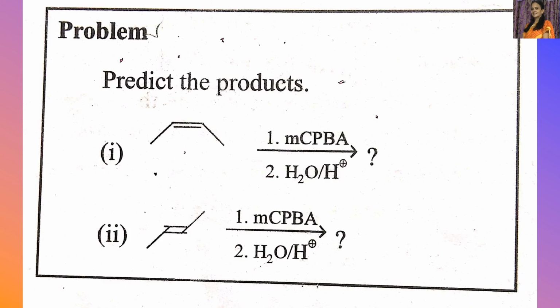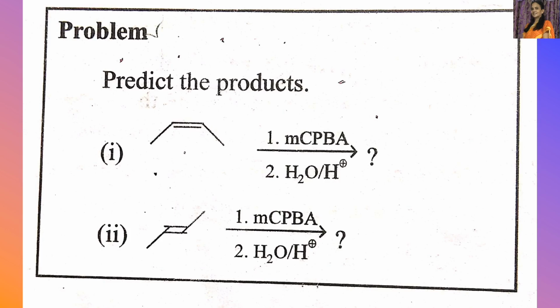When this is added, initially an epoxide is formed. In the next step, the epoxide undergoes ring opening from the back side with the help of either acid or base to form a trans glycol.